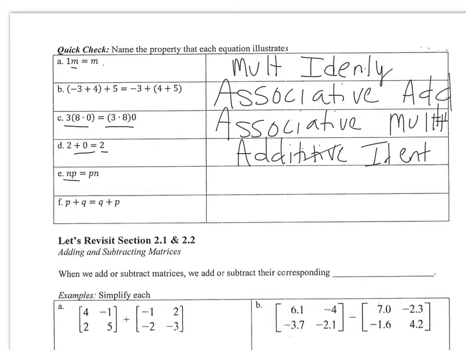And then this one we're changing the order and we're multiplying. So this is going to be the commutative property of multiplication. In this one we're adding, but we're changing the order. So that is the commutative property of addition.